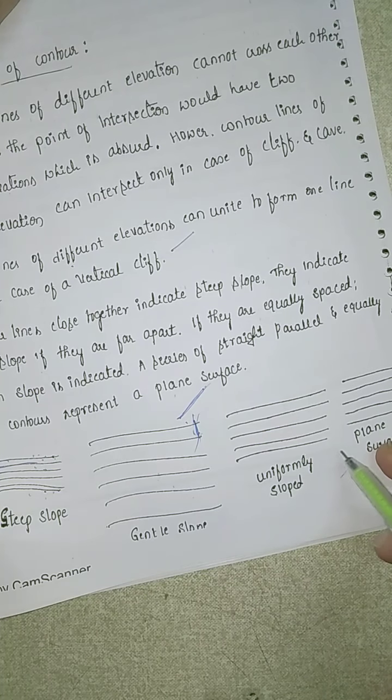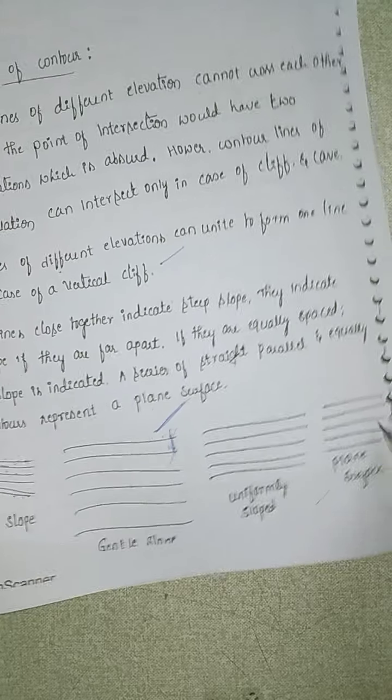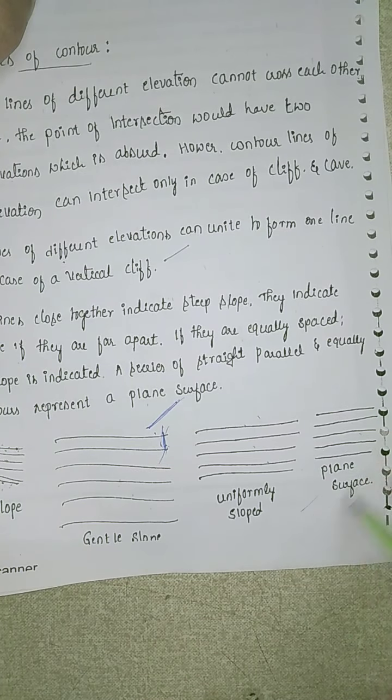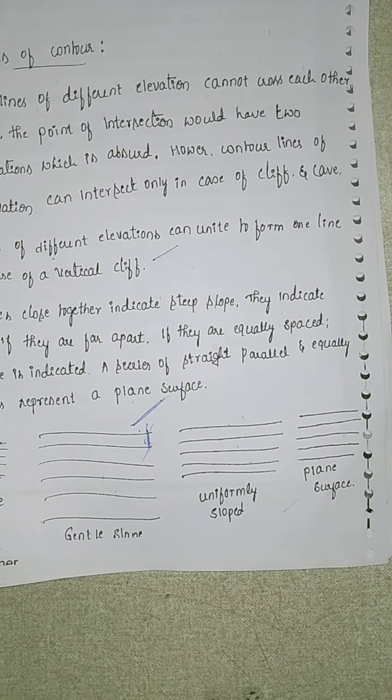And if they are a series of parallel, equally spaced lines, they represent a plane surface. So this is how contour lines represent the ground.